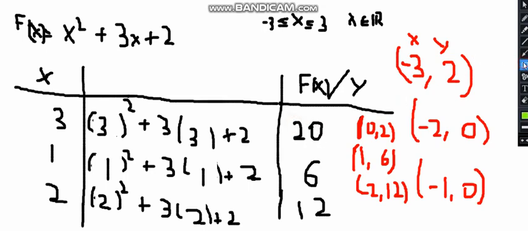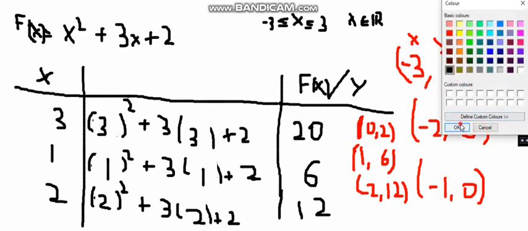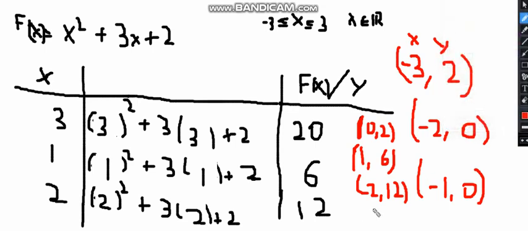Okay, so our last point then is going to be, what is it? It's 3, 20. 3 is our input, and 20 as the output of the function. Cool.